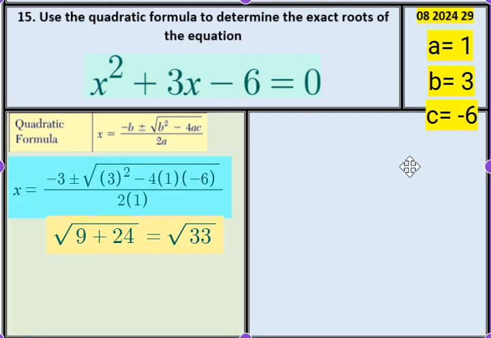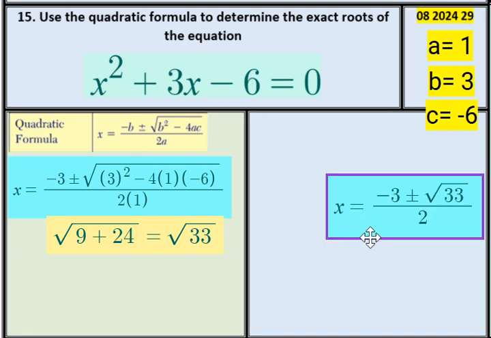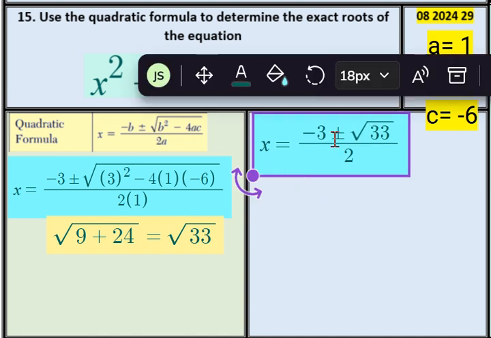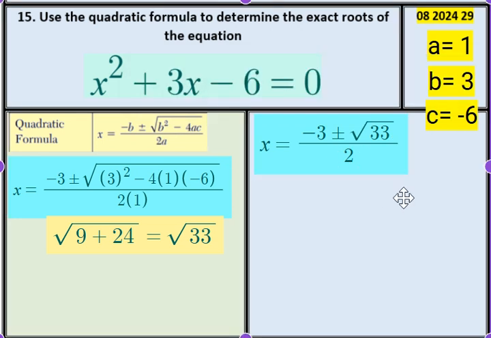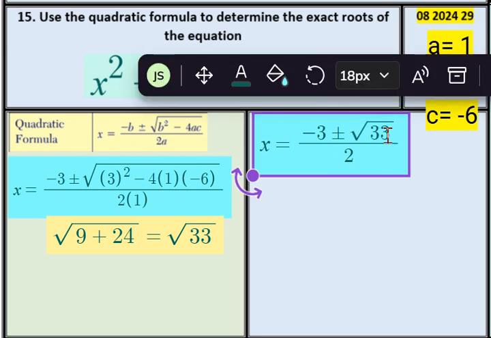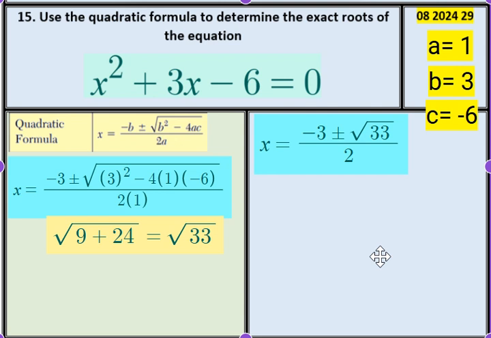Now we can plug that all into the rest of the formula. So x equals opposite b, negative 3, plus or minus radical 33, all over 2 times 1, which is just 2. So the very last step we do here, when we consider 33, the only factors are 11 times 3, or 1 times 33.